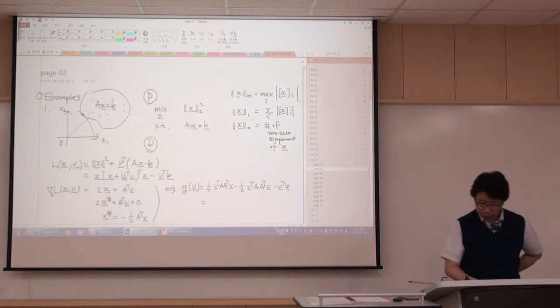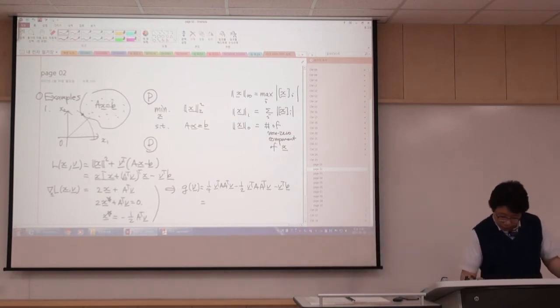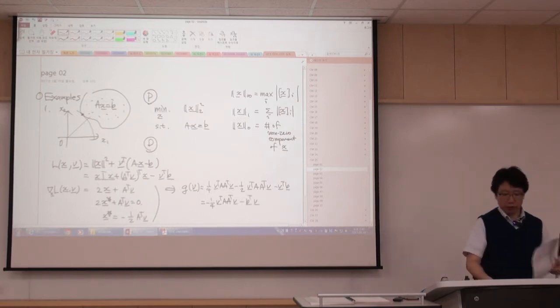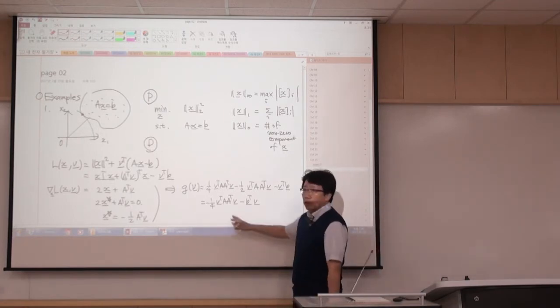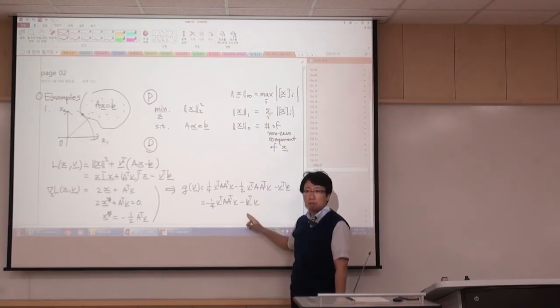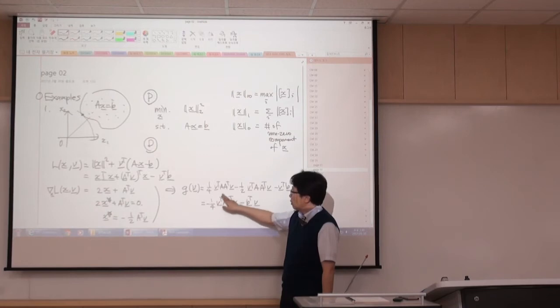So it looks like negative 1/4 nu transpose A A transpose nu minus b transpose nu as a function of nu. Am I right? And now, what is this one? This is a quadratic function again. And what is this symmetric matrix?